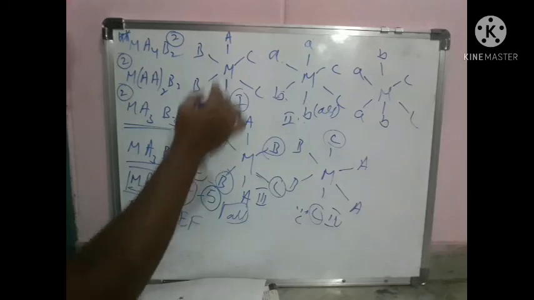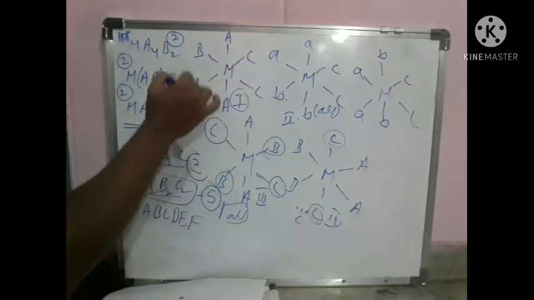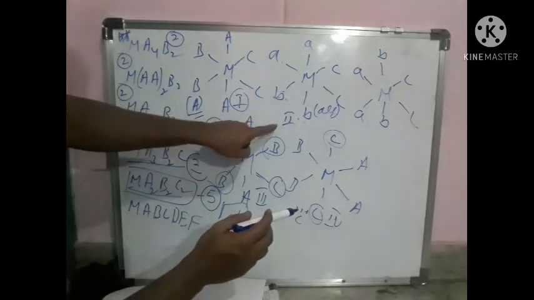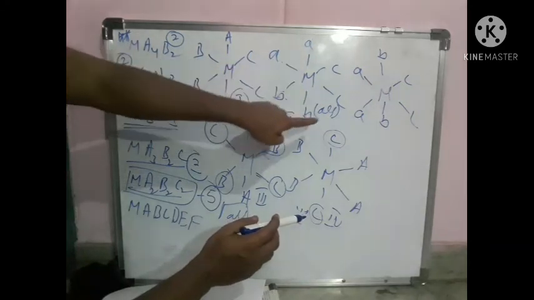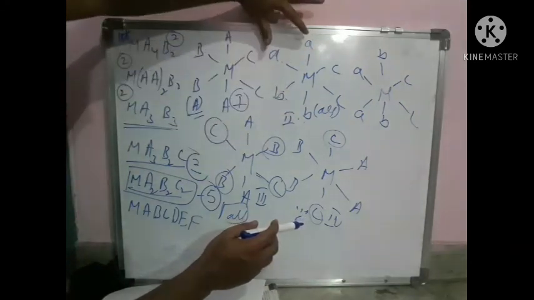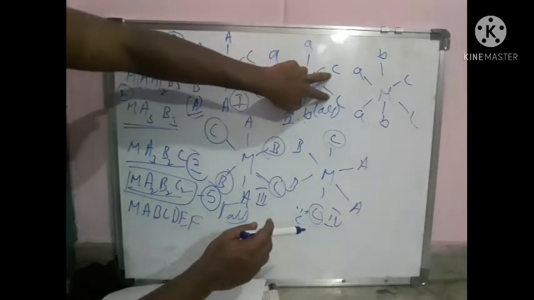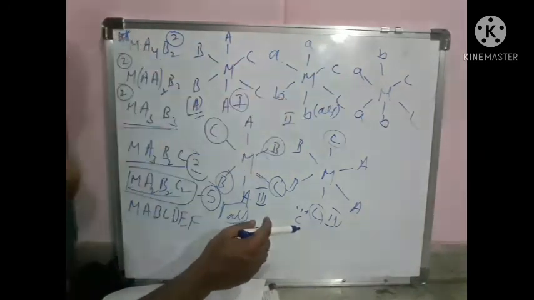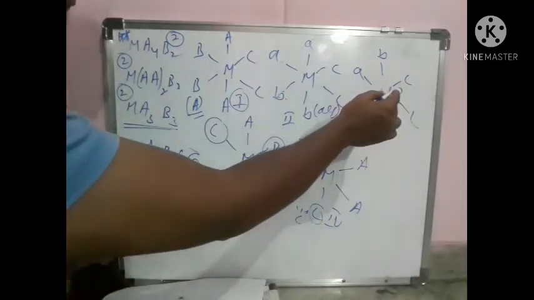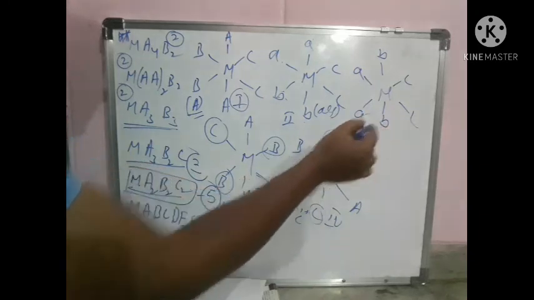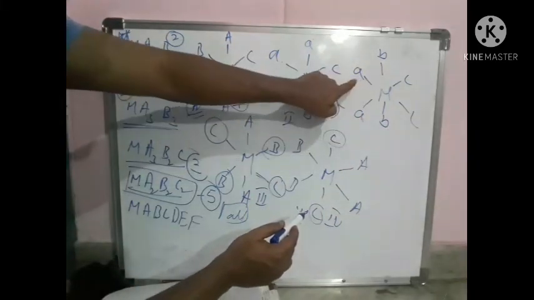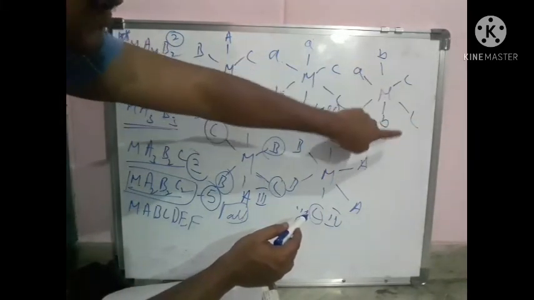In the first case, AA becomes trans and CC and BB are cis. In the second case, all are in cis mode. So here AA is cis, CC is cis, BB is cis. In the third case, BB is trans and the remaining AA and CC are cis.